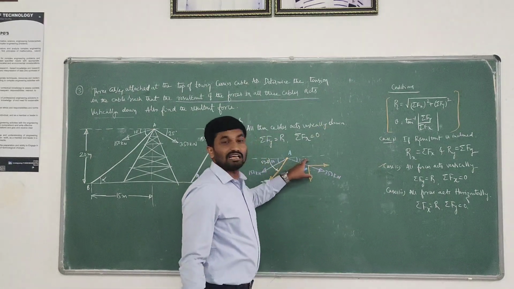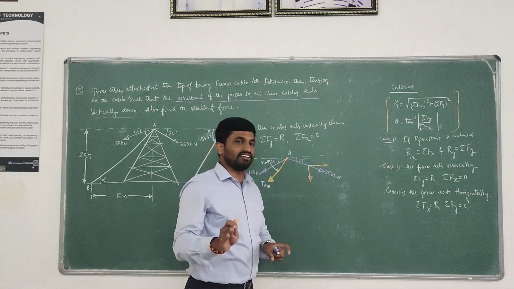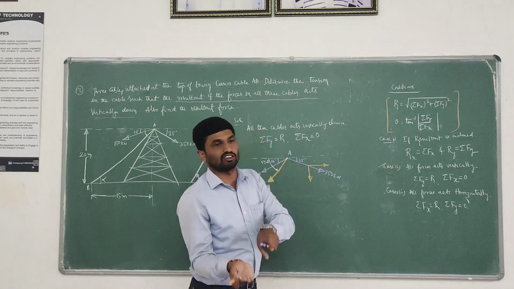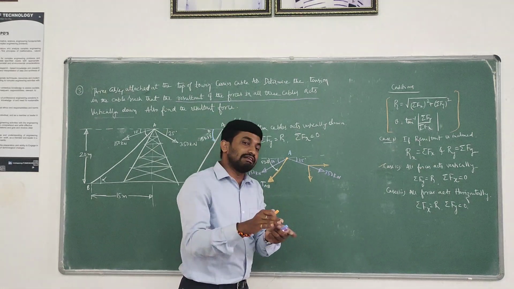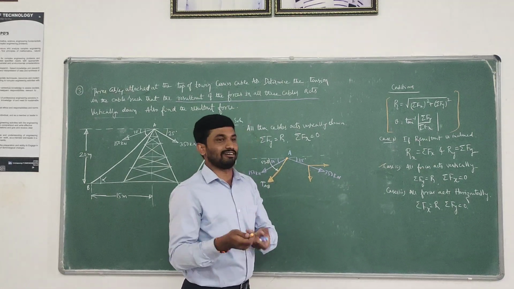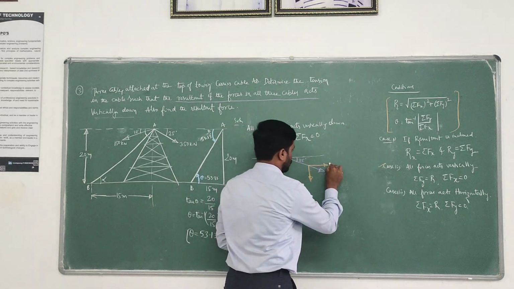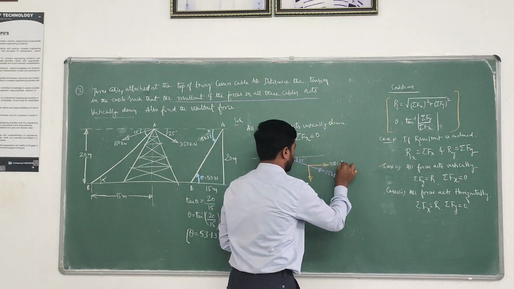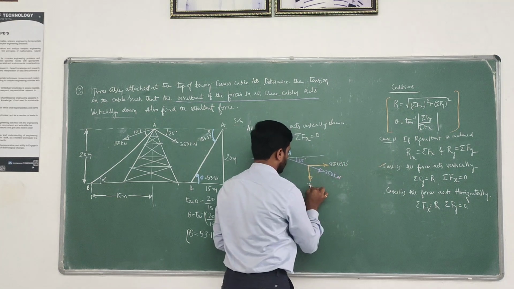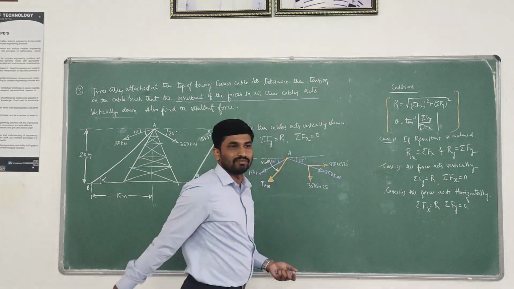The second thing is inclination angle. The possibility is with respect to horizontal or with respect to vertical. The horizontal inclination is always cos theta. So here with respect to the x-axis, it will become 350 cos 25 and 350 sin 25 vertical.